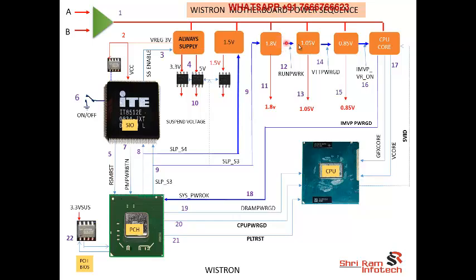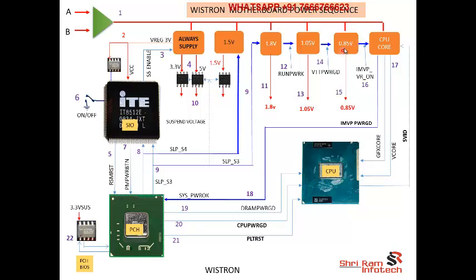You understood? His power good signal is given to the enable, and that signal is called run power. Then the 1.05 will be turned on, and it generates a 1.5 voltage. Now its power good signal is given to its enable, and that signal is known as VTT power good.